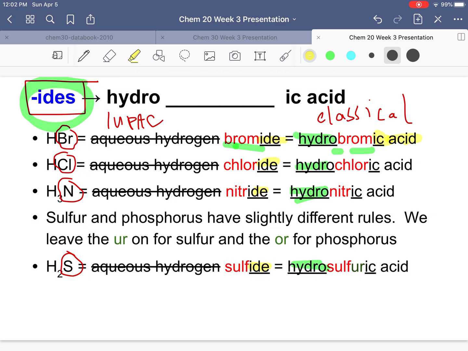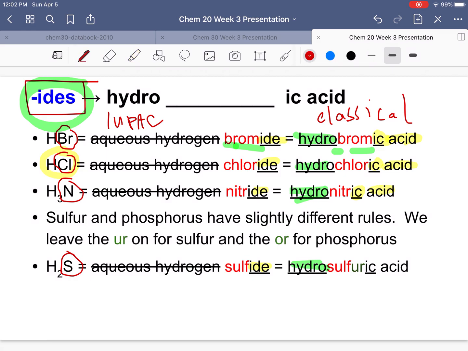Chlorine follows the same thing. Chloride was there before. It's just HCl, hydrochloric acid. Nitrogen. We don't say nitrogic, right? We do similar to what we do with the nitride. So it would have been nitride. Instead, we take off the ide, we put ick, hydronitric acid.